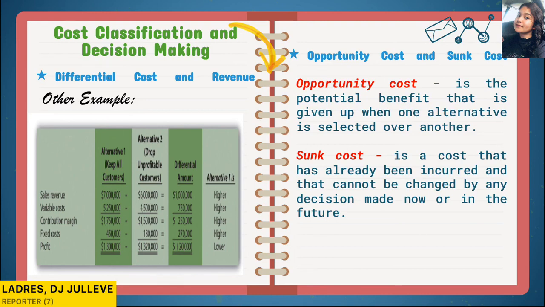Opportunity cost is the benefit that is foregone when one alternative is selected over another. Sunk cost is a cost that occurred in the past and cannot be altered. Differential cost and opportunity costs should be carefully considered in decisions. Sunk costs are always irrelevant in decisions and should be ignored.